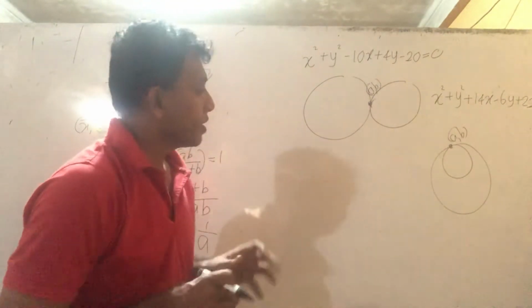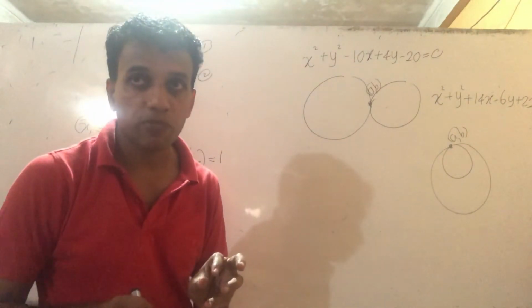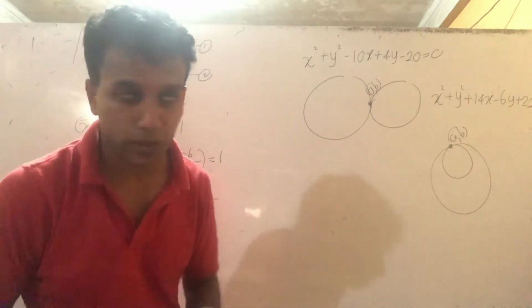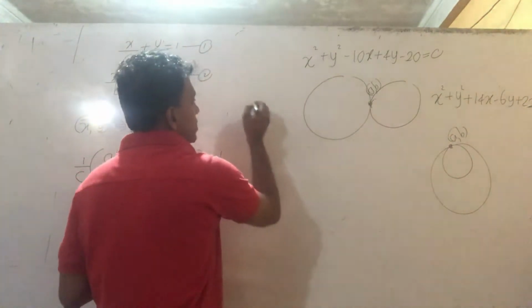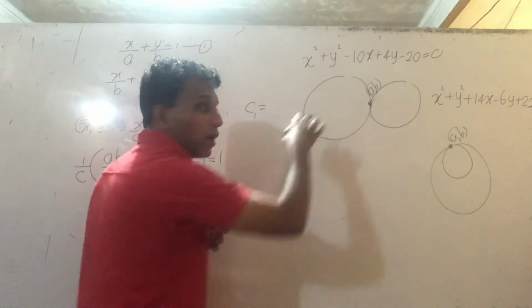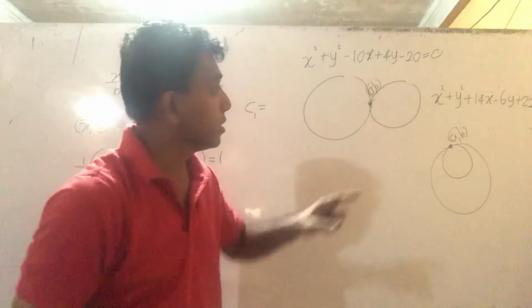When we work on circle problems, we need the center of the circle and the radius of the circle. If I say this circle's center is C1, what is the C1 coordinate? Have you learned?